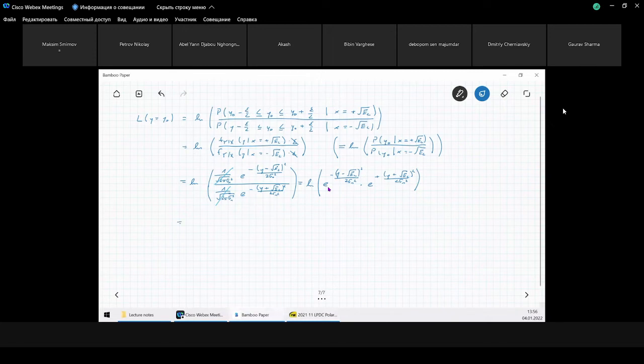So this will be the ln of e to the power of minus (y minus square root EC) square divided by 2 sigma n square plus (y plus square root EC) squared divided by 2 sigma n square.